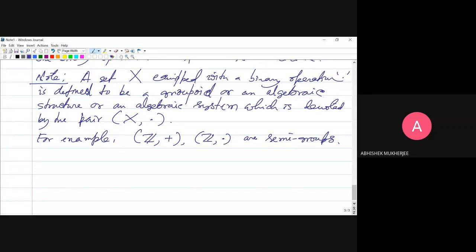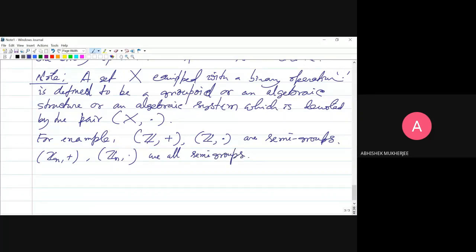So Zn with plus and Zn with dot are both semigroups.